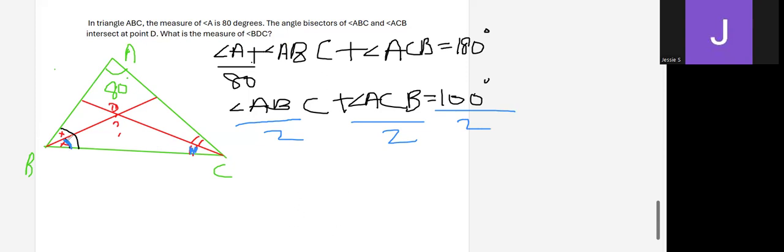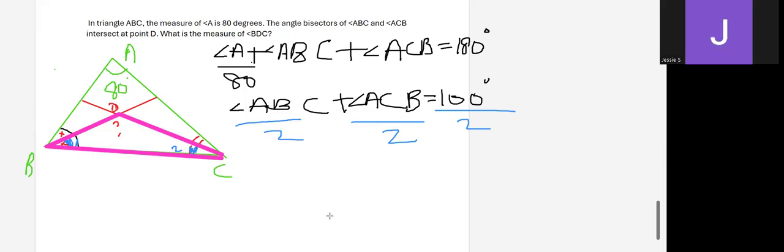So this angle, plus this angle, I name this angle as angle 1, and this angle, I name angle 2. I'm going to trace this triangle a little thicker so we can see better. I'm talking about this triangle now. Angle 1 is half of angle ABC.